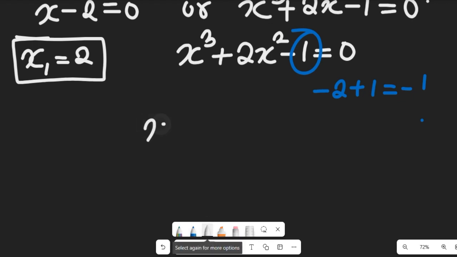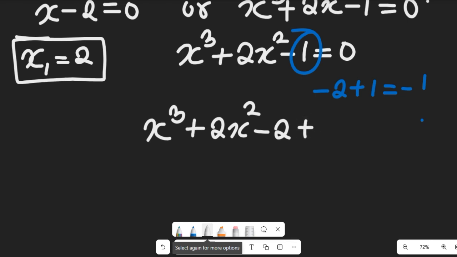So I can have x to the power of 3 plus 2x squared minus 2 plus 1, and this will be equal to 0. This makes my simplification very easy. When I consider these two expressions, I can easily simplify.